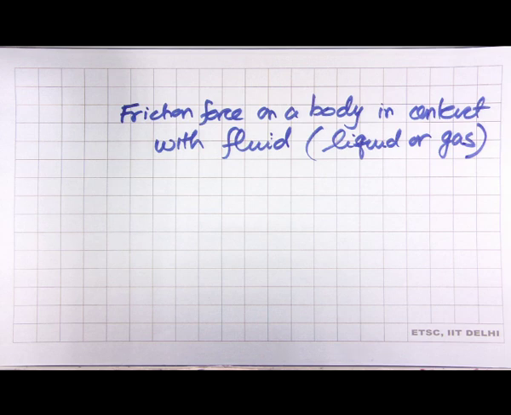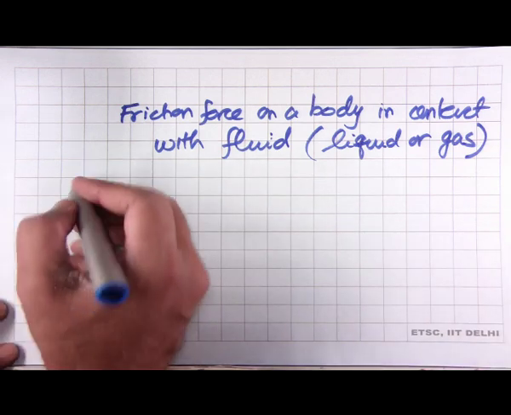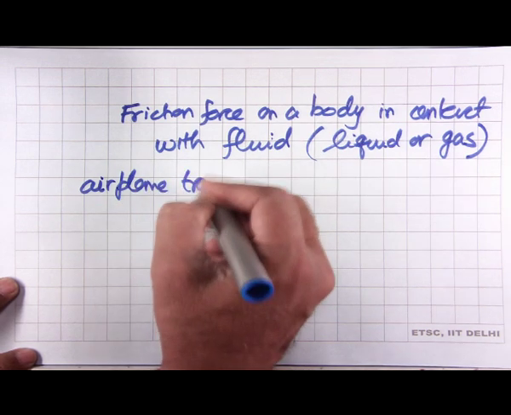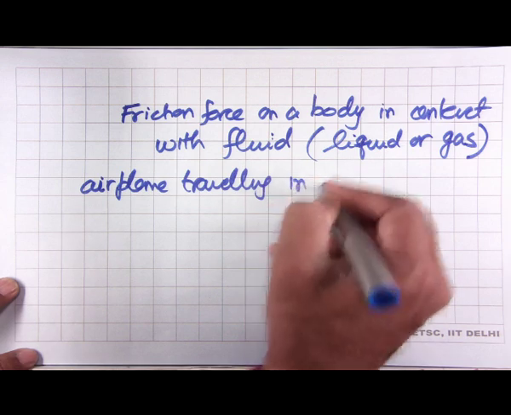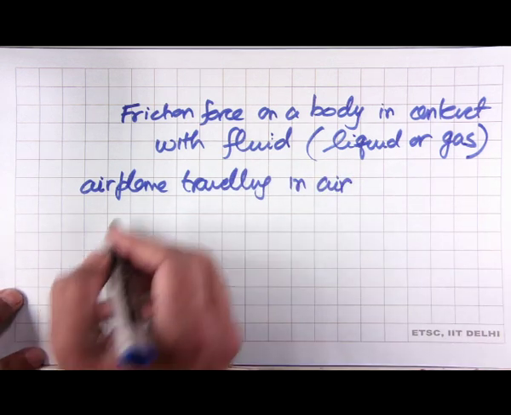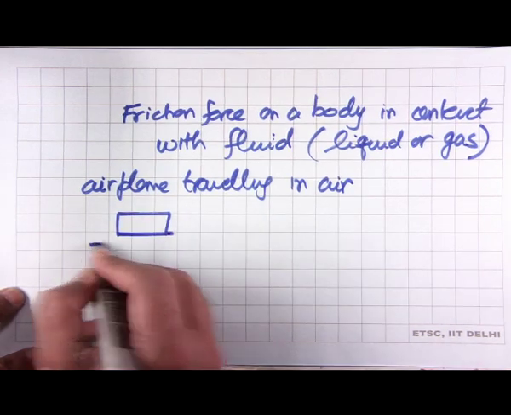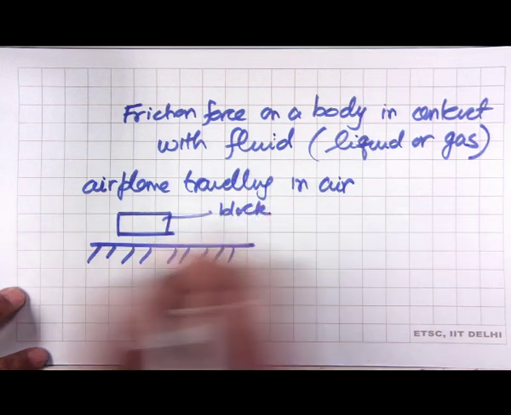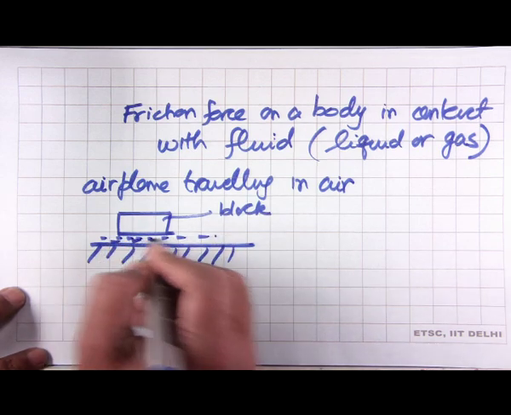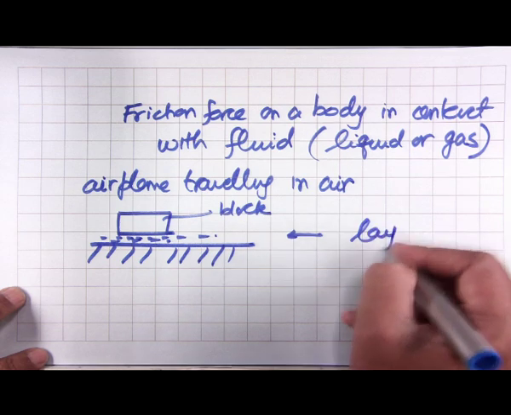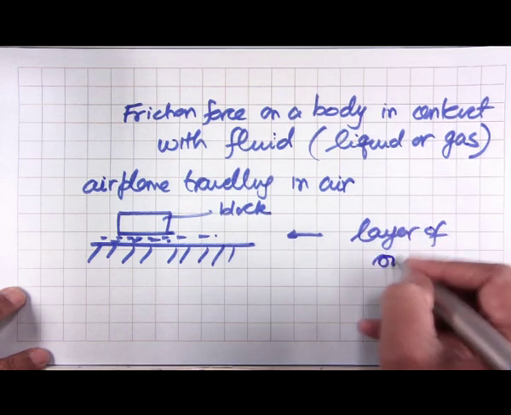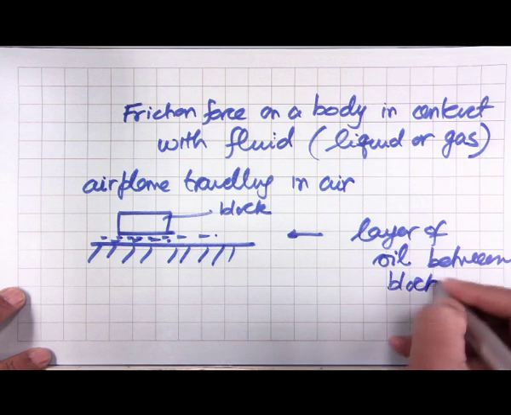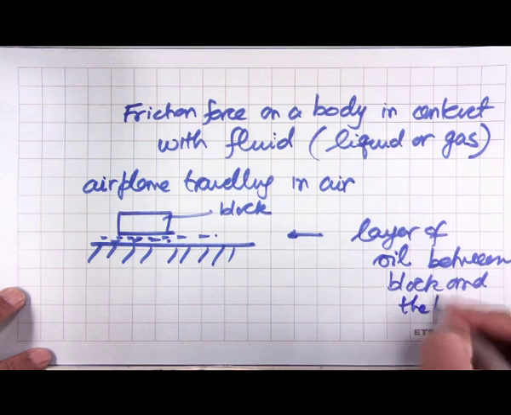The examples of this would be an aeroplane traveling in air, or we could have a block, this is a block moving on a table, but there is a layer of, let us say, oil between the block and the table.